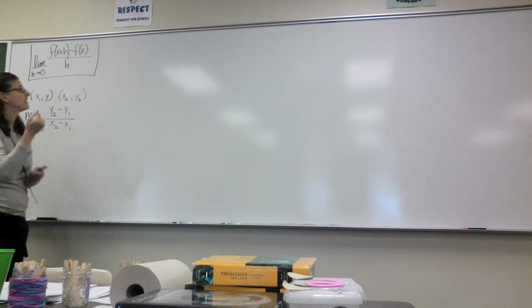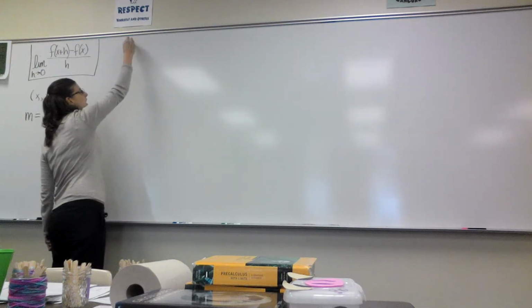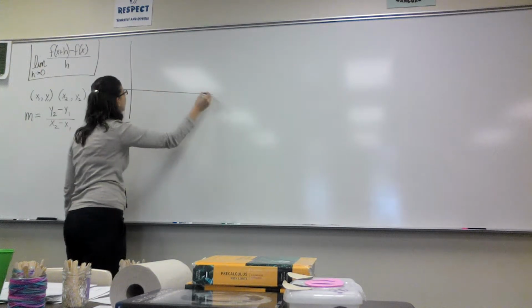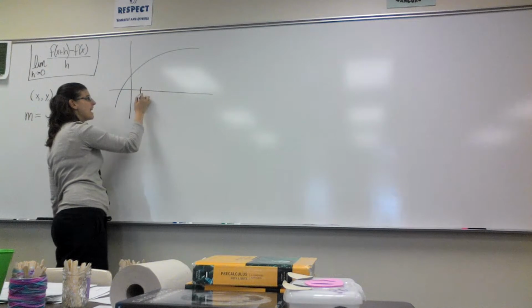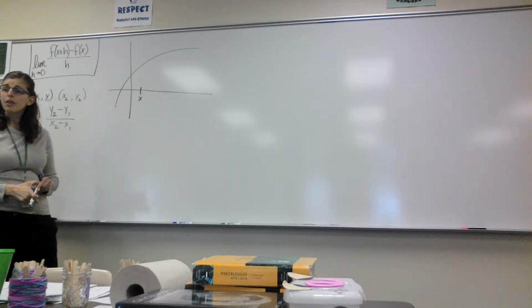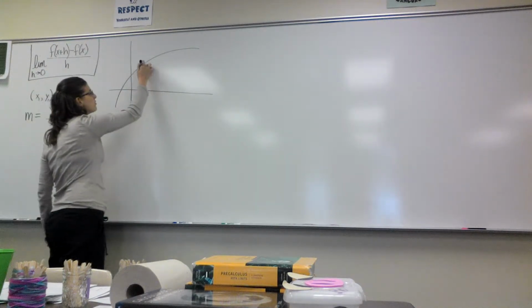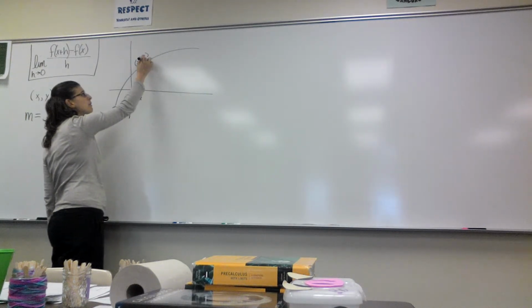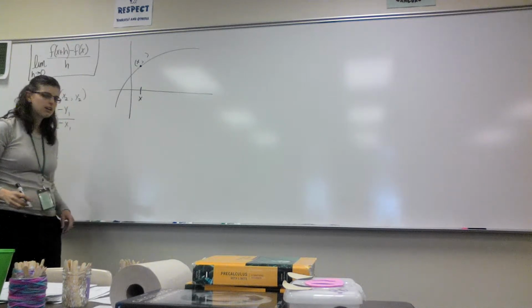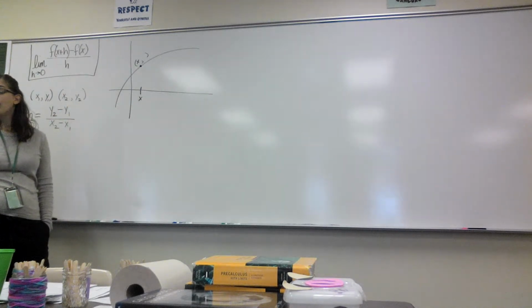All right. I'm going to draw a little graph here. Let's say that this is the x value I'm on. The point that goes with that can be called x, and what do we put in the second spot? Oh, even better.